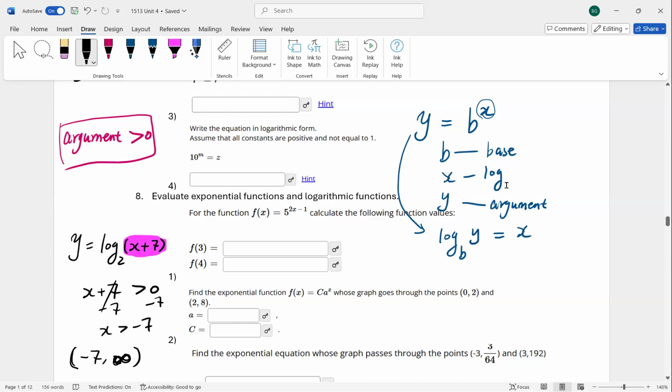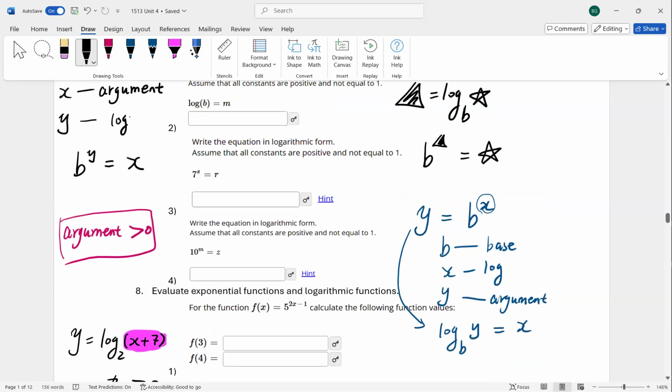Once we have the 3 parts identified, we can write the function in logarithmic form: log with base b, argument y, equals the log, which is whatever is on the exponent, x. Okay, let's actually do some problems.